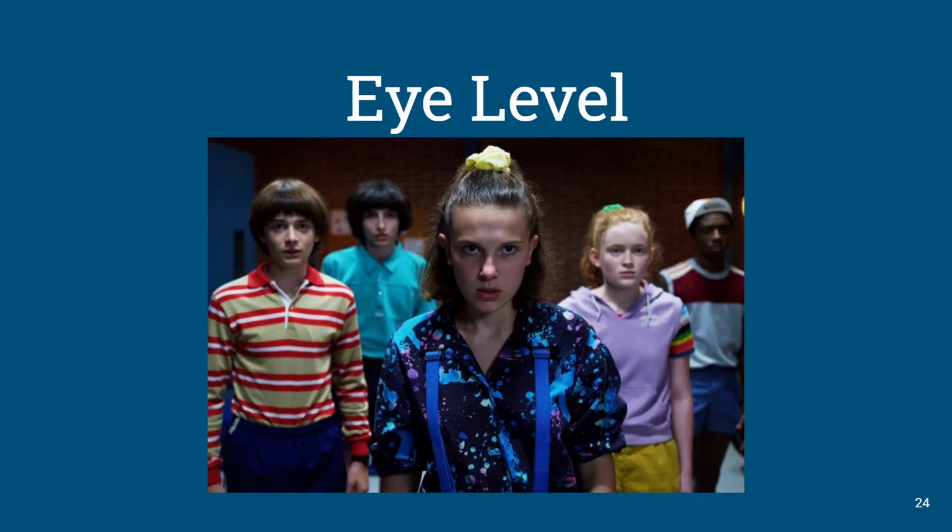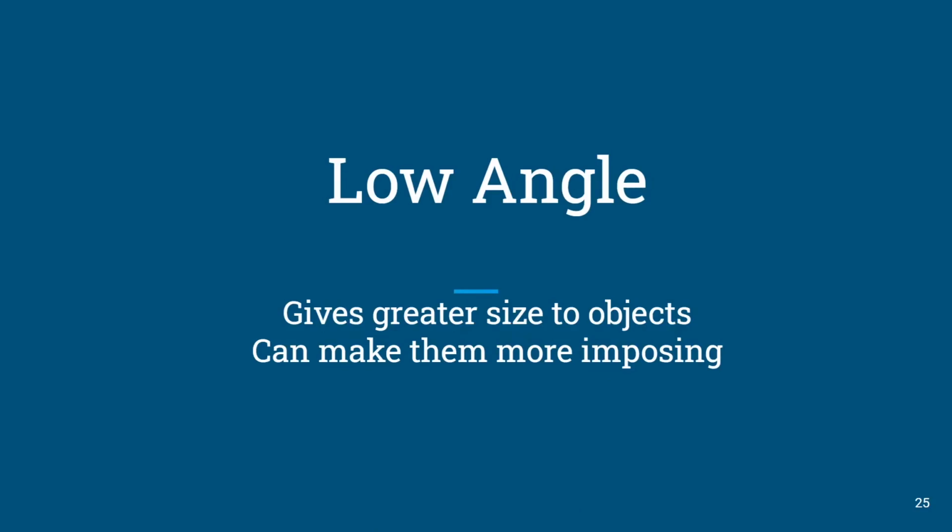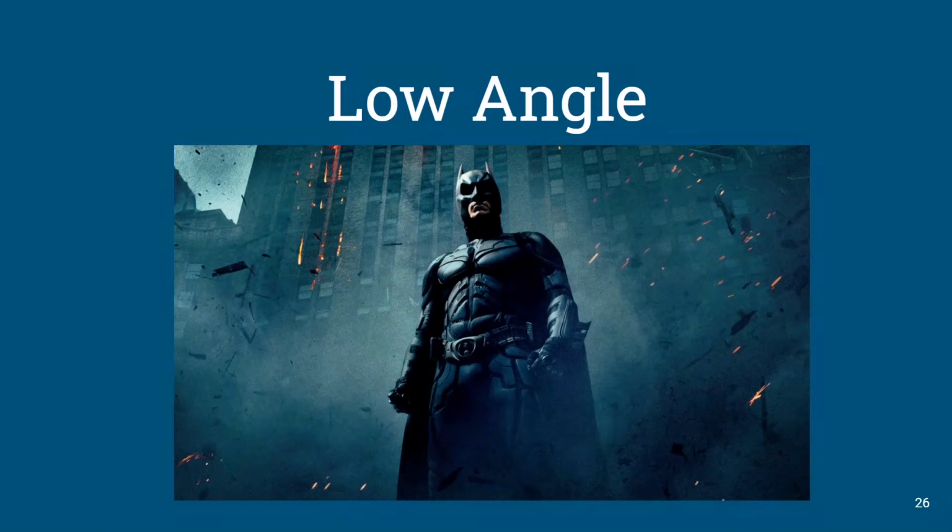Eye level puts you at that, this is how we experience our everyday life, we're normally at eye level. And then we have low angle. This gives a greater size to objects and can make them more imposing. If you get confused between low angle and high angle, which we're about to talk about, just think about, where is the camera? The camera is low, looking up.